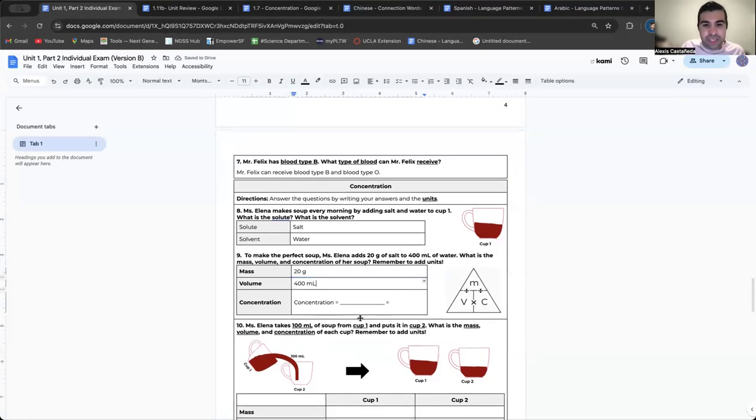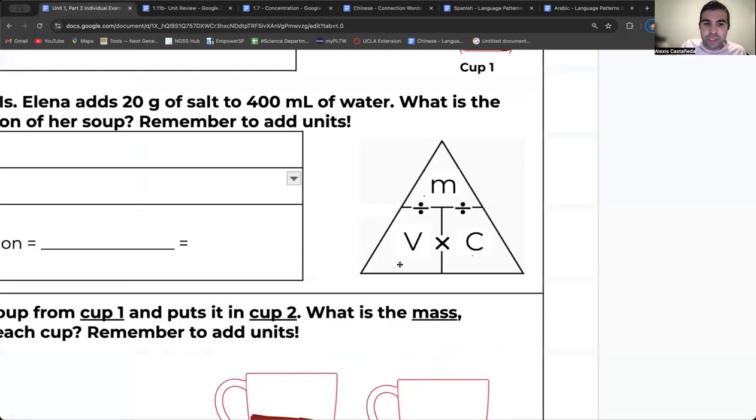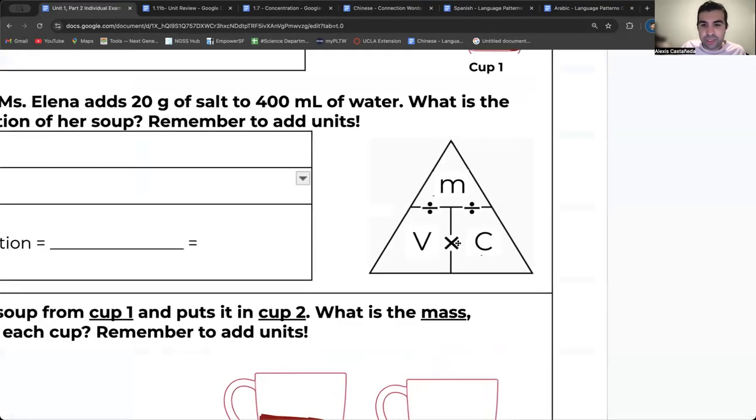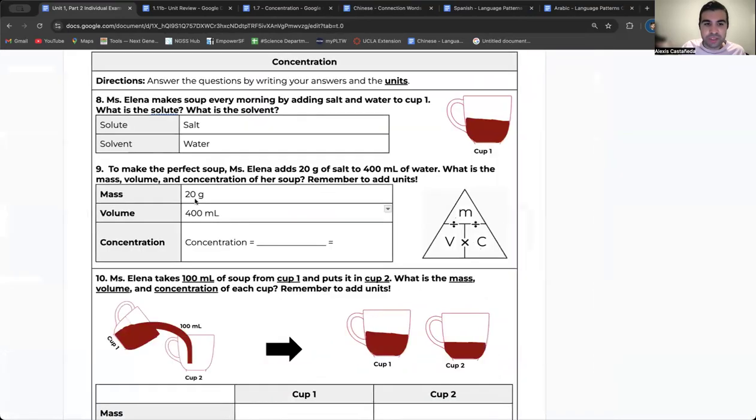And then it's asking to calculate the concentration. So I can go to my concentration triangle. The way to use this triangle, I'm going to cover the letter that I'm trying to calculate, concentration, which is the letter C. So I'm going to cover the C. And what I'm left with is that concentration is mass divided by volume. So the mass here is 20 grams. So I'm going to write 20 grams in the top.